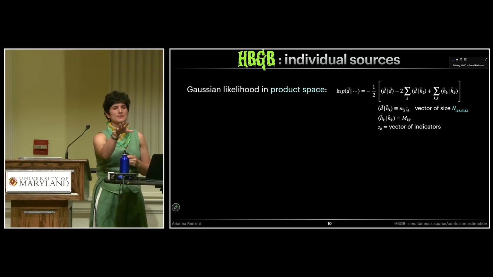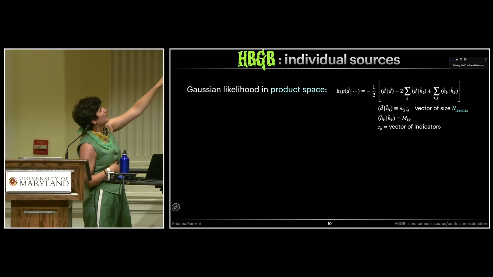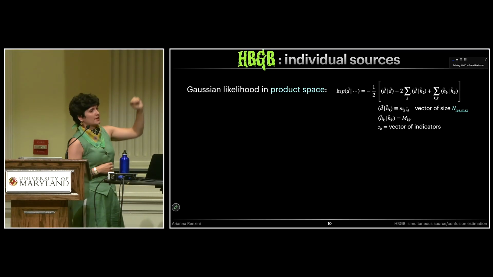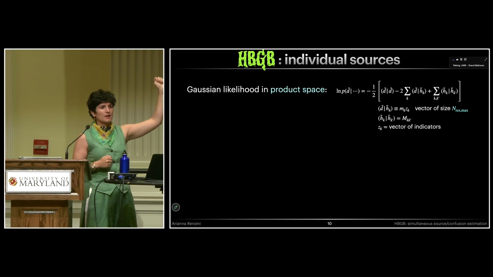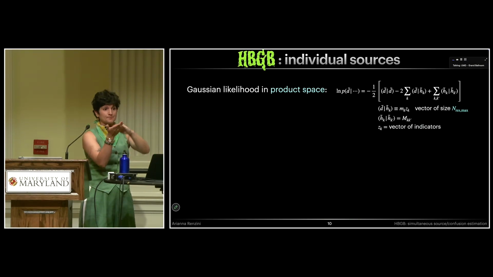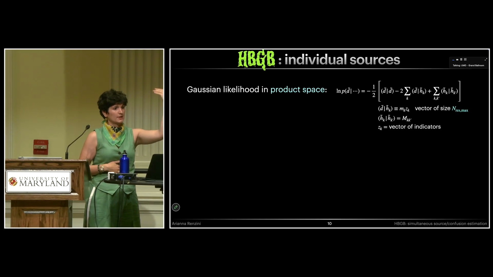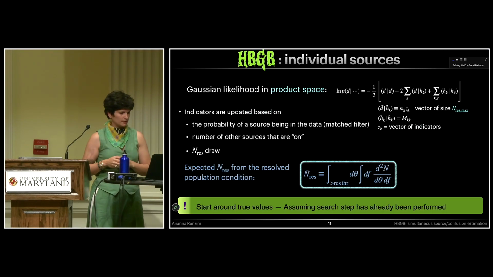So differently from RJMCMC, where the dimensions of the inner products are variable, this is a fixed dimensionality, but which parts of that inner product are actually relevant is regulated by an indicator vector, or vector of indicators z_k, and z_k are variables that can be either 1 or 0. 1, the source is relevant, I'm actually tracking it in the data. 0, it's irrelevant. I'm sampling its parameters, but they're really not meaningful, and I'm not keeping track of that signal.